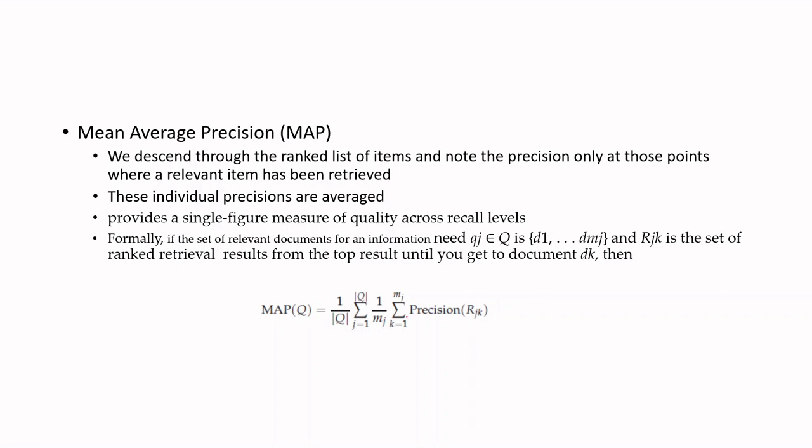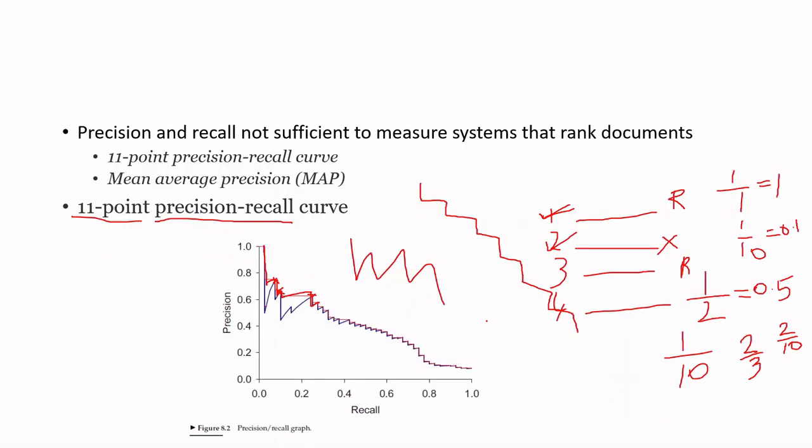Okay, so for one query, you find the precision at various points wherever you have a relevant document retrieved. Say for example, here we have 1, 2, 3, 4 as the different ranks, and we take the precision here because you have a relevant document retrieved and the value is 1.